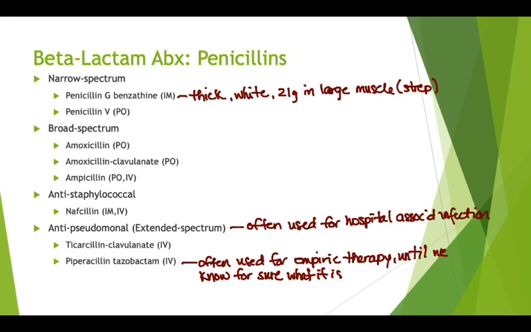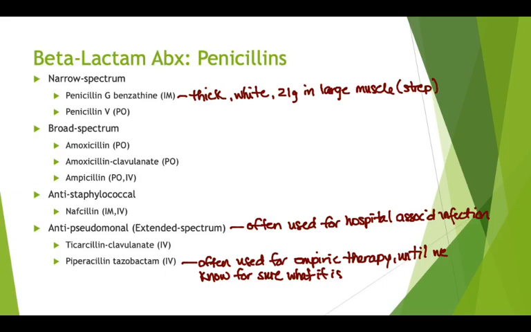Now your broad spectrum penicillins that we are used to, your amoxicillin is one of them, and that's given PO. Your amoxicillin and clavulanate, which is your Augmentin, also given PO.